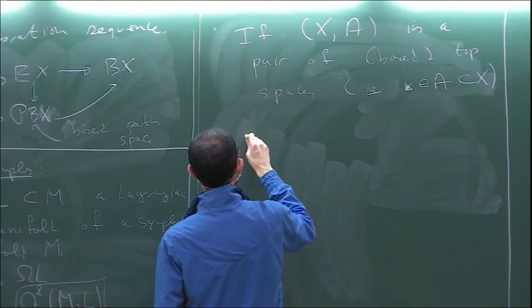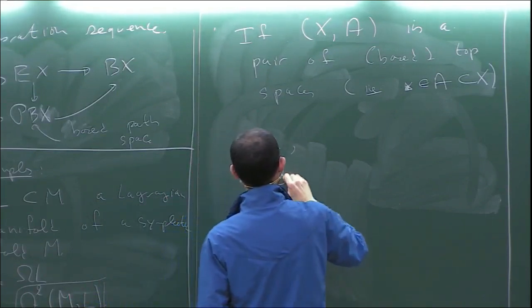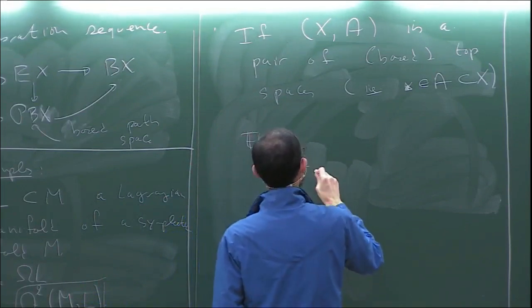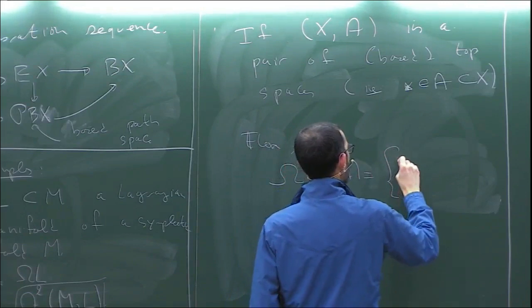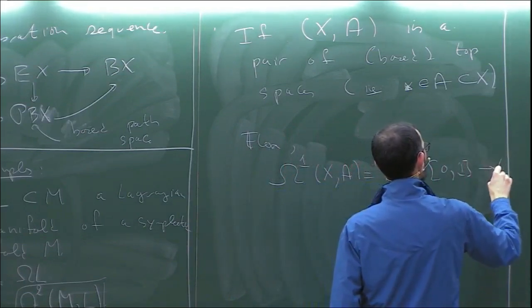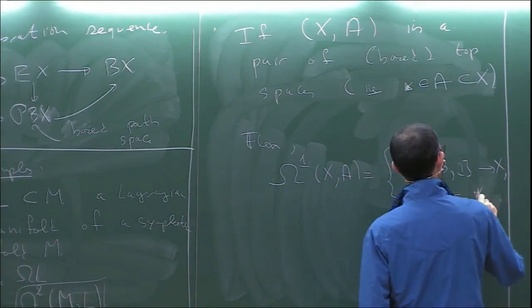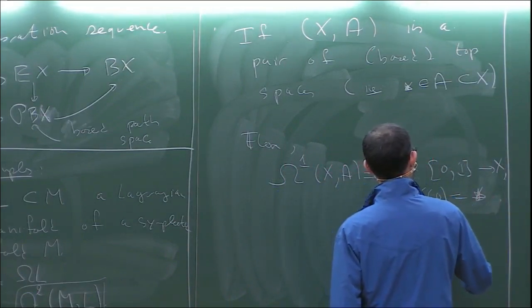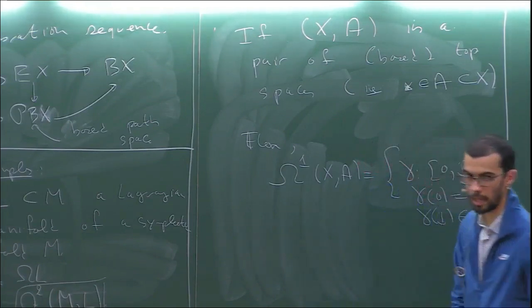So we set, then, I want to define omega 1 of (X, A) to be the set of paths gamma from [0,1] to X, such that gamma of 0 equals the base point, and gamma of 1 is an element of A. Okay.